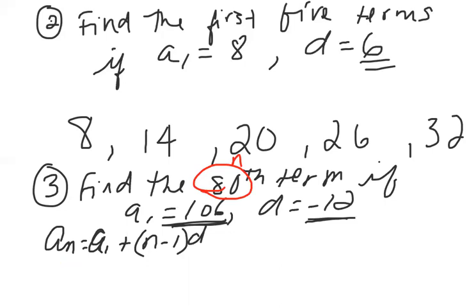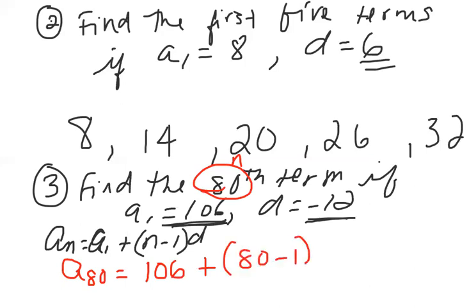So we get A sub 80, the 80th term, which will equal the first term, 106, plus the term number 80 minus 1 times D, the common difference.